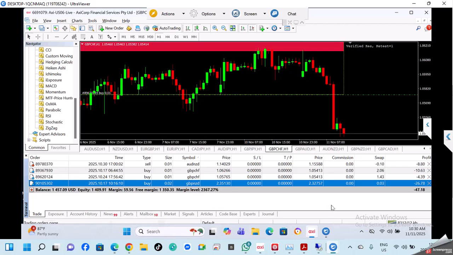So now the question we need to ask ourselves. There are two questions we need to ask ourselves. The first question is, let's look at pounds NZD, which is sitting on minus 26. What is 2.5% of 1,457?